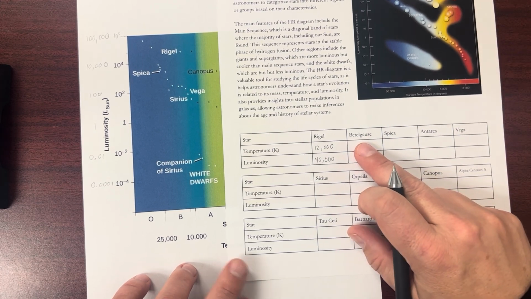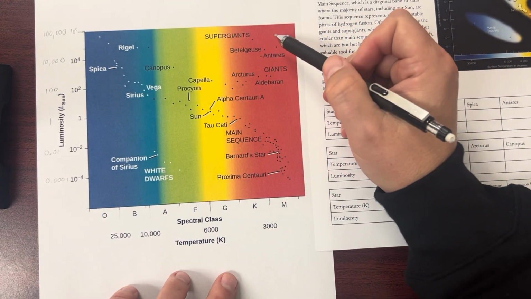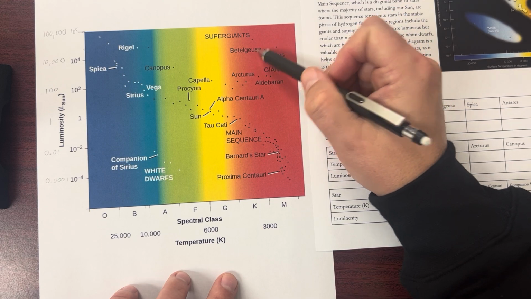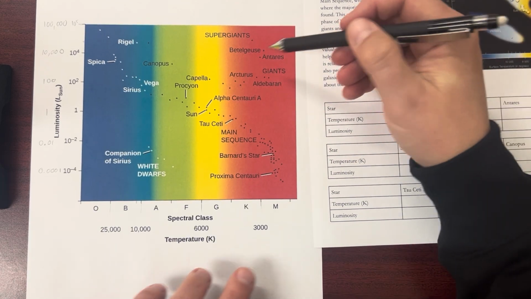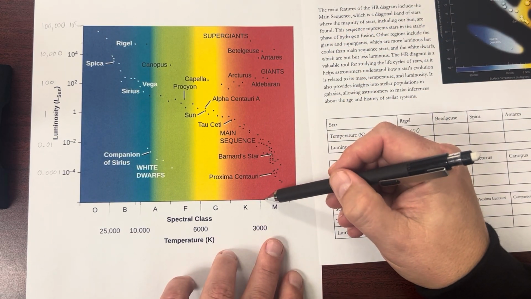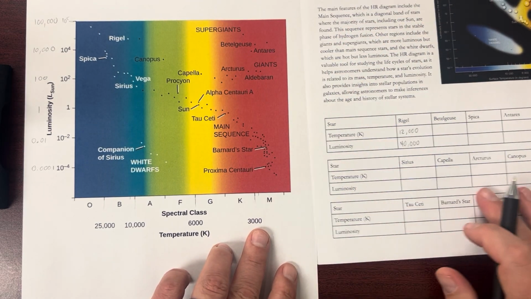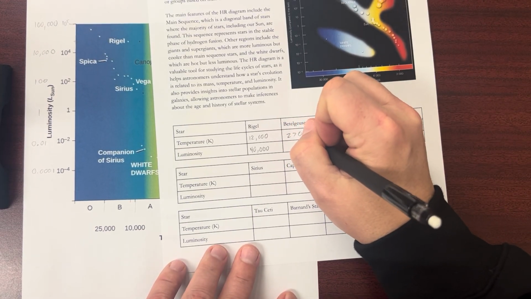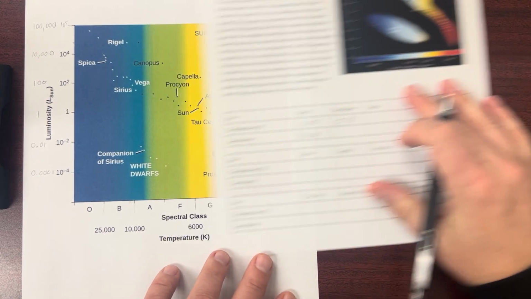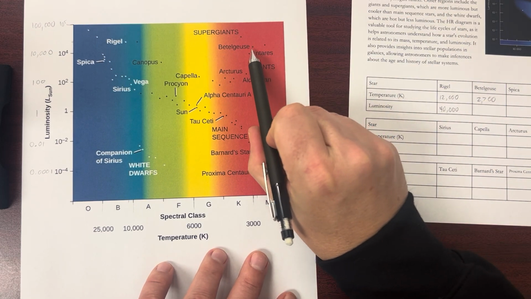Let's look at another one, Betelgeuse. Betelgeuse is here. So which one is Betelgeuse? It's this one. And if we look at the temperature for Betelgeuse, it's just under 3,000. So I'm going to say 2,700. What about the luminosity for Betelgeuse?